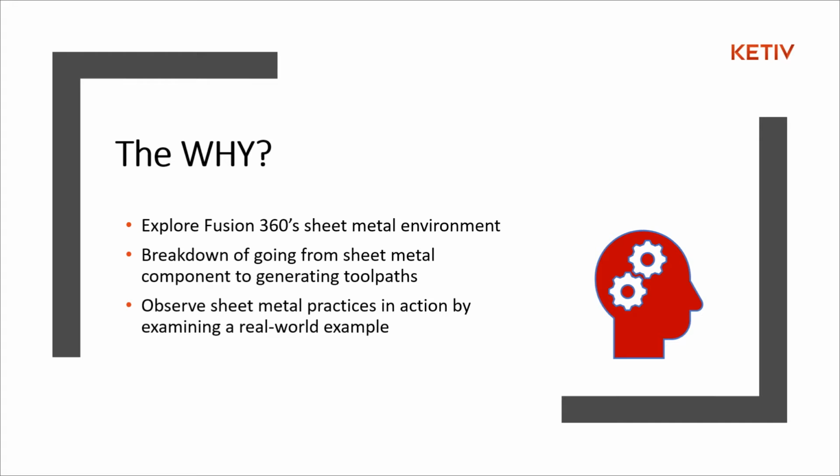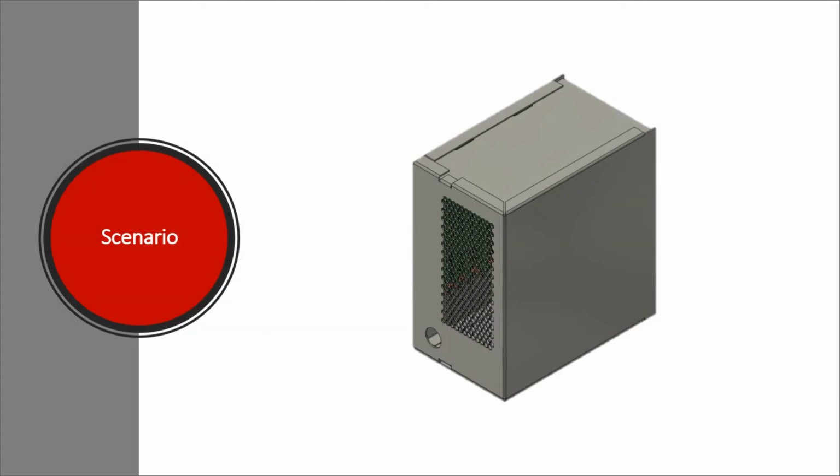So whether you're going to be controlling your water jet, your laser, your plasma machine, how does that look like, right? Creating some sort of nesting of that component inside of a specific sheet size, and then getting that ready to manufacture, right?